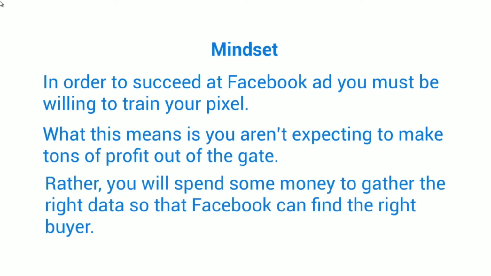Training a pixel basically means that you get traffic to your website where the pixel is located, and Facebook is able to figure out what kind of traffic is coming to your site, and of course what kind of traffic is buying your product. So who is considered a lead and all of that.